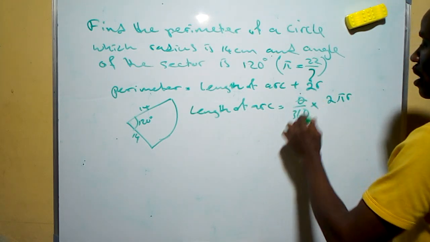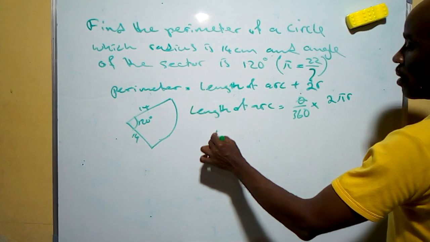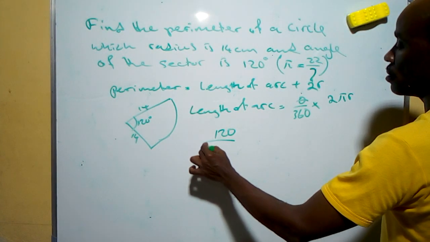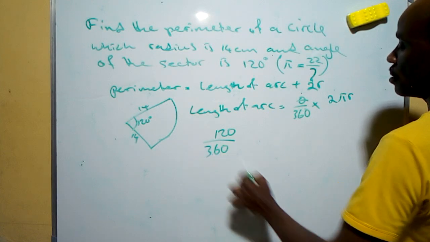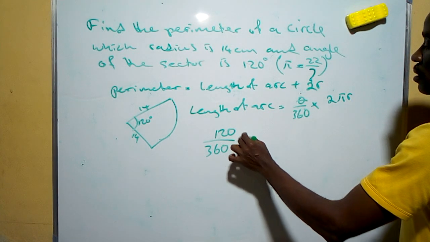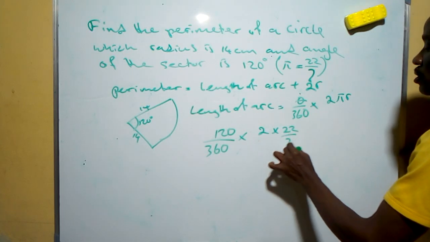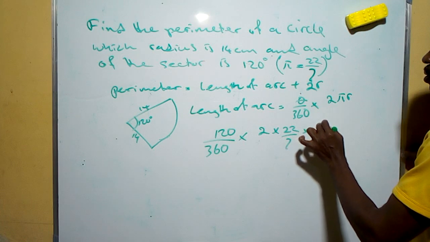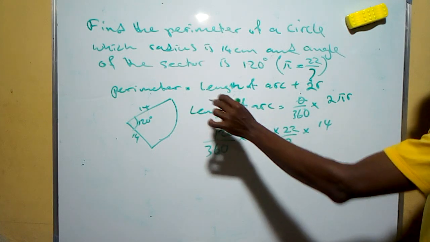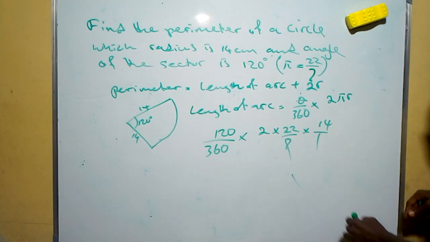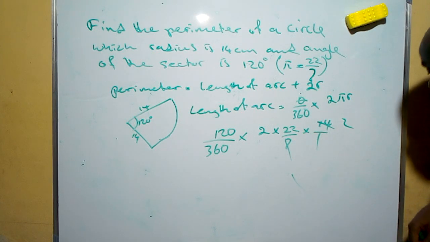So we have our theta as 120 over 360 times 2 times pi, which is 22 over 7, times 14, which is the radius. So this will cancel, we have it there, here will give us 2.